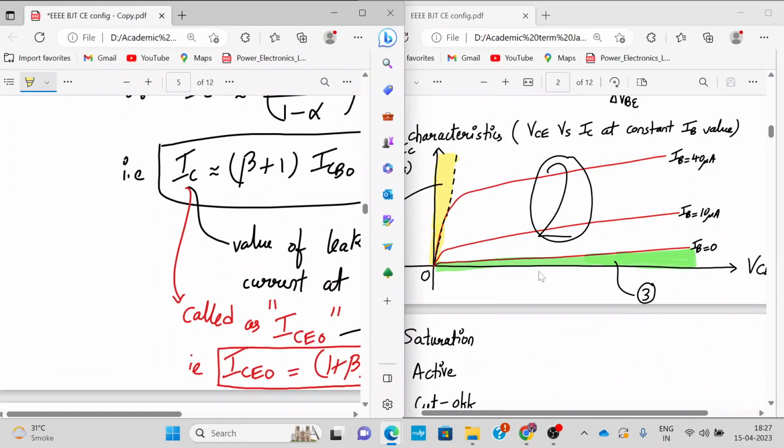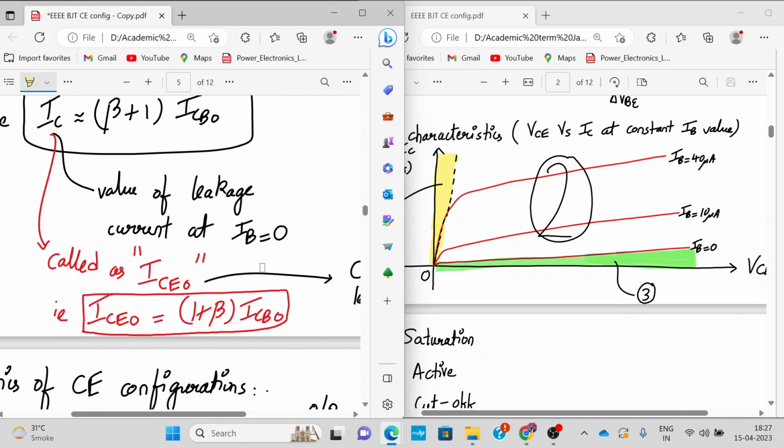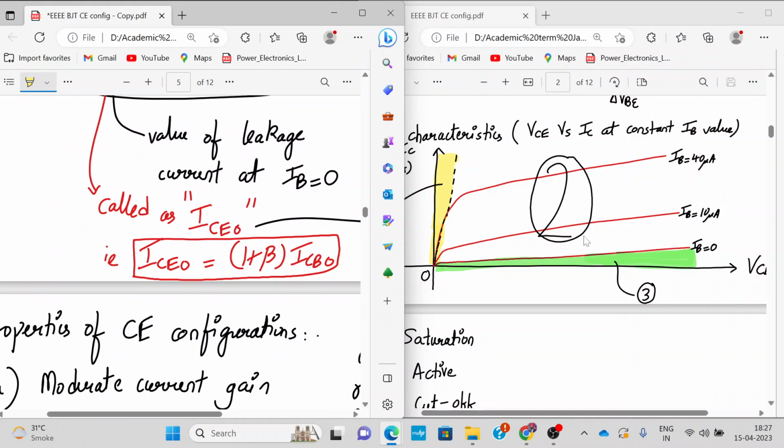That is why we see that the leakage current is slightly more in the common emitter configuration when the BJT is in the cutoff region. So in the cutoff mode, the small current which is flowing is nothing but ICEO, that is 1 plus beta times ICBO, where ICBO is the common base configuration leakage current.